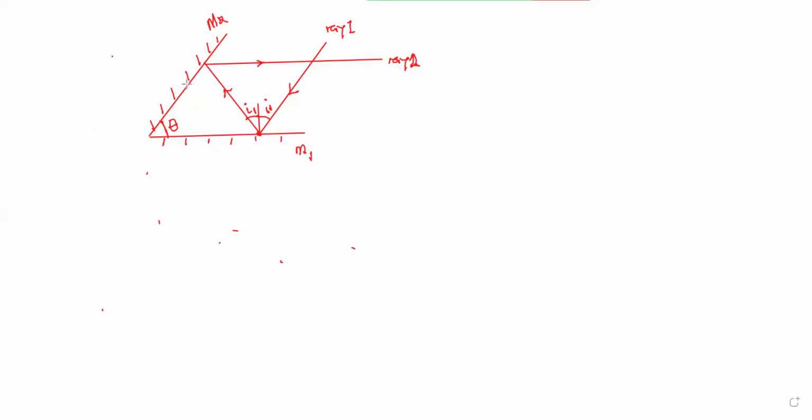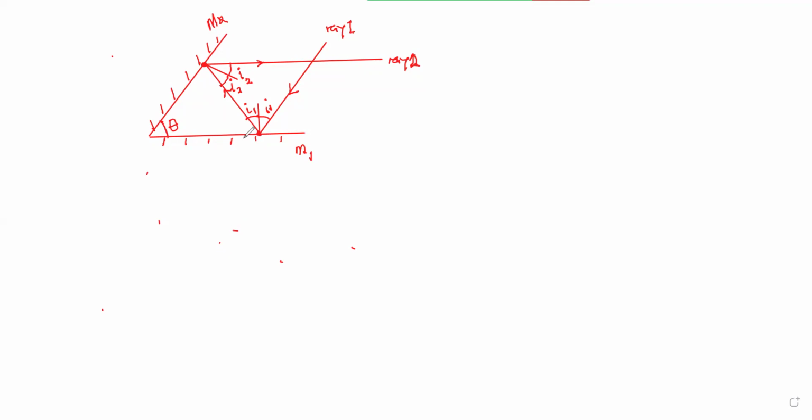Then, since this point is also a point of incidence with respect to mirror 2, we can also draw a normal. And this part is equal to the angle of incidence with respect to mirror 2. So let's call it I2. Since angle of incidence equals angle of reflection, this is also I2. We are just applying the laws of reflection.